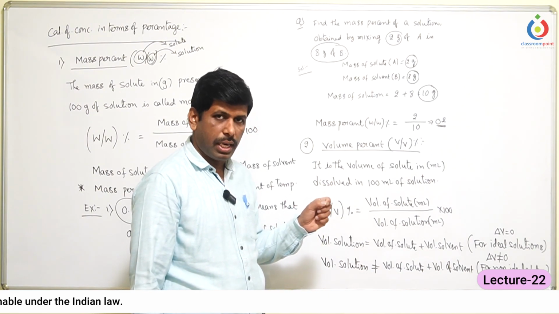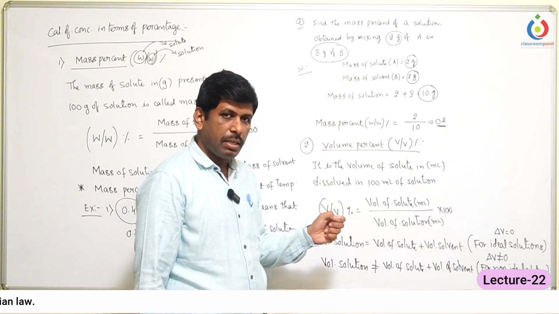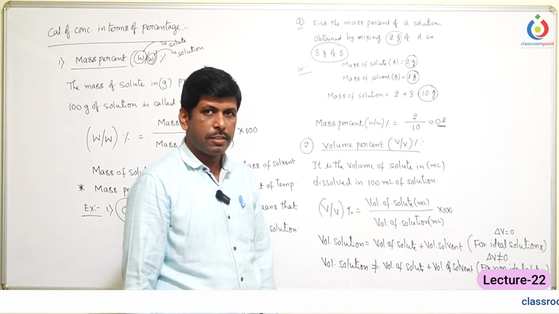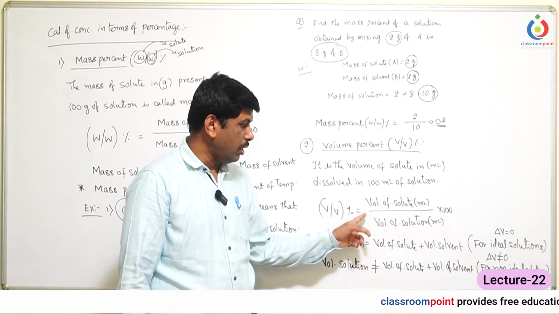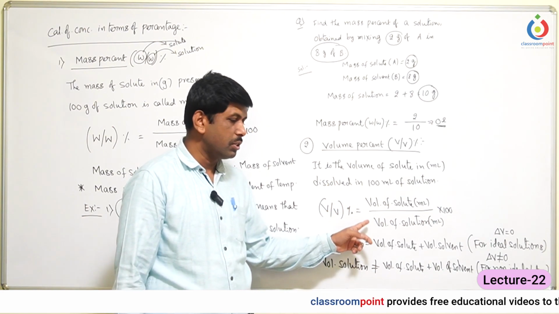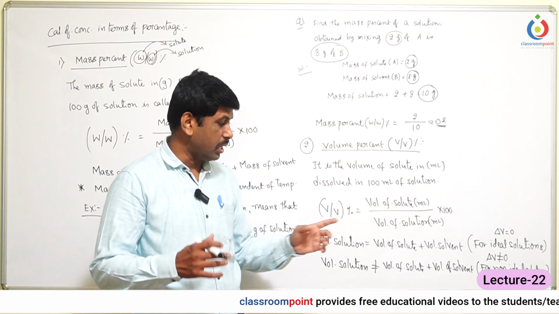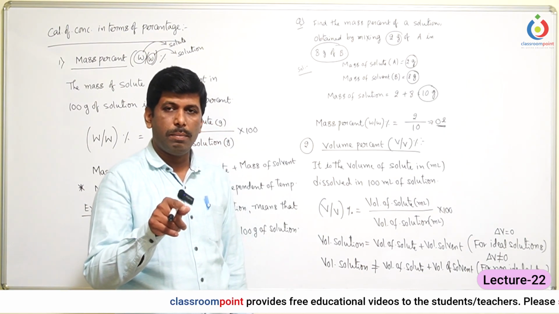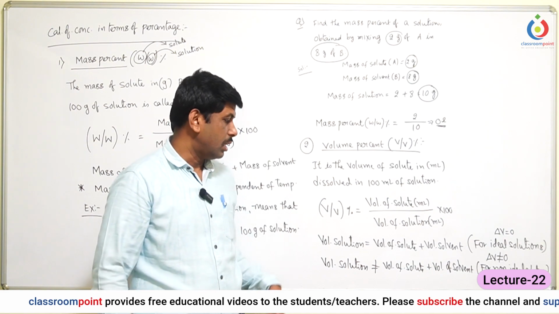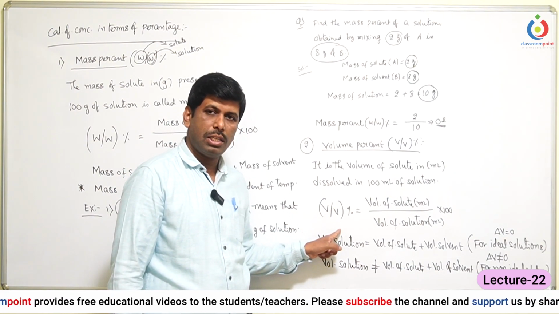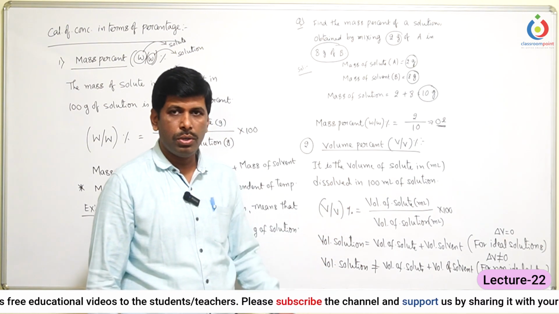So some question may arise. By raising the temperature, since both volumes increase, then how it affects the volume percentage? So the increase in the volume may differ from the solute to the solution. Solution volume, because solution is having another chemical component, that is solvent. Both may not expand to the same extent. That is the reason why volume percentage depends on the temperature but has no units.